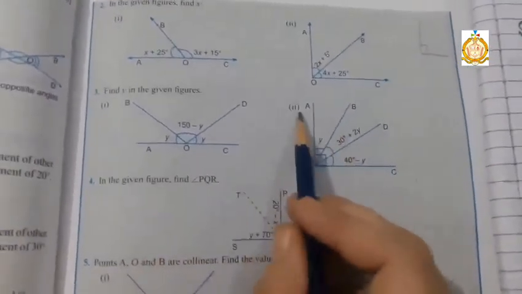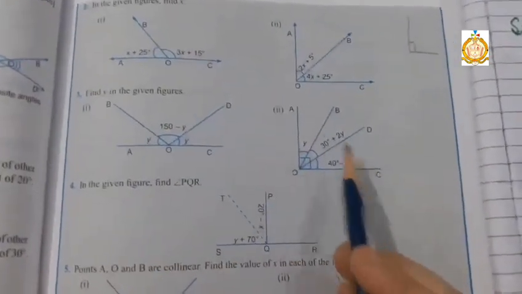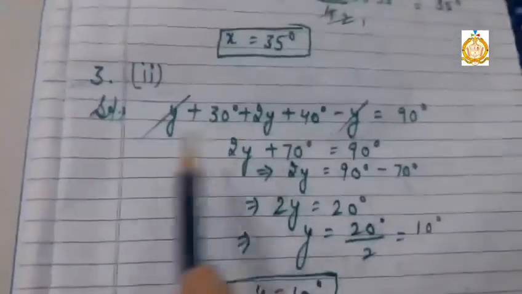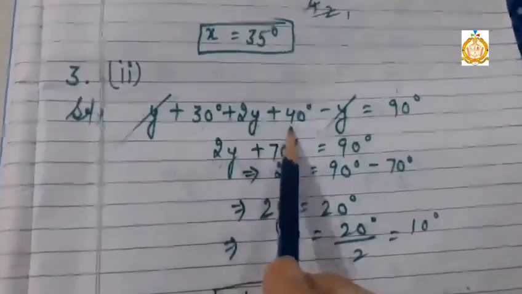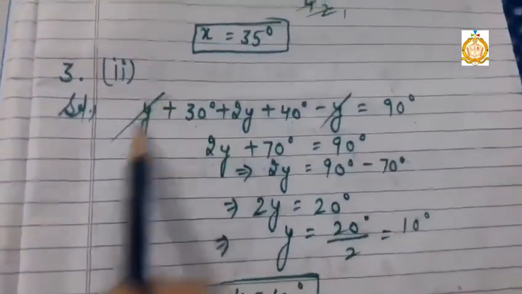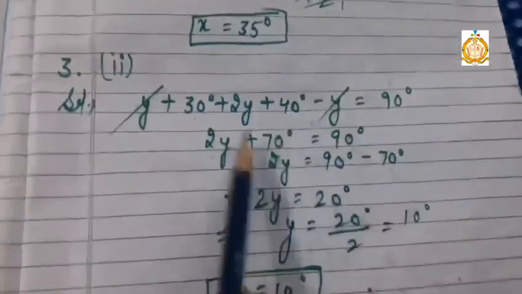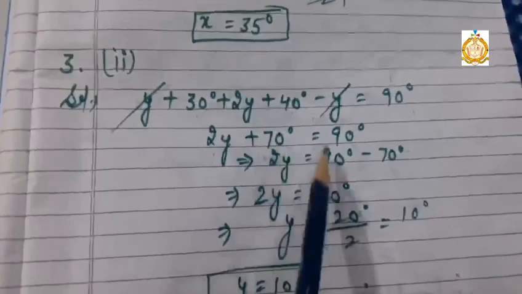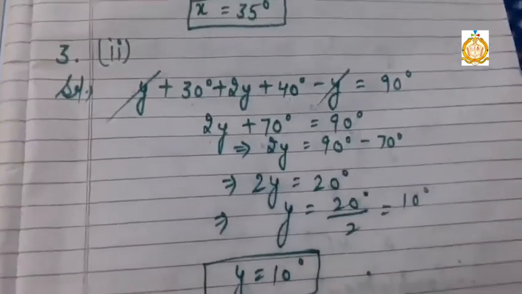And here in the second part of the third sum, AOC represents a right angle, so they would sum up to give 90 degree. Here you can see y plus 30 degree plus 2y plus 40 degree minus y is equal to 90 degree. Cancelling y and minus y, you will get 2y plus 30 and 40, 70 degree is equal to 90 degree.